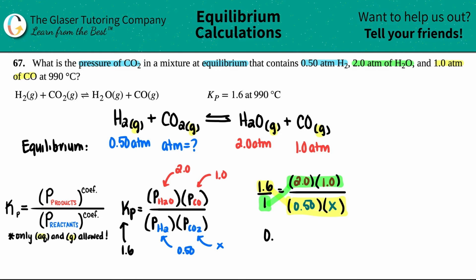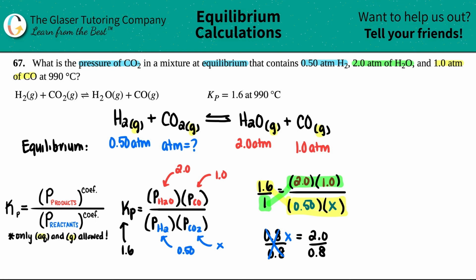So this one comes out to a nice 0.8, and that's the x value. So 1.6 times 0.5 times x is 0.8, and this equals 2, because 2 times 1 is 2. Divide by 0.8 on both sides. Cross this off, goodbye. And we have x, right?